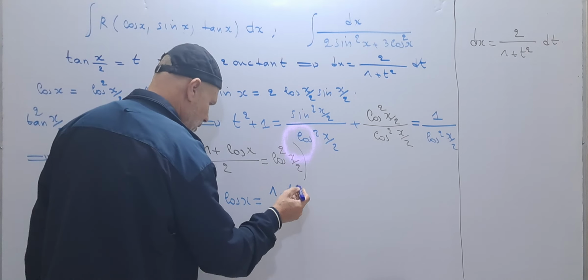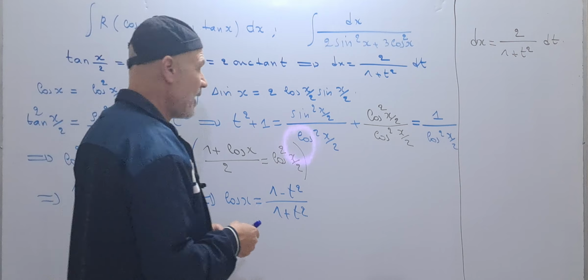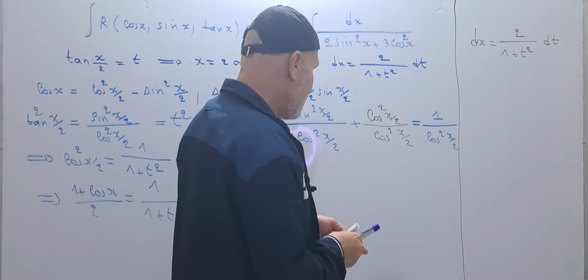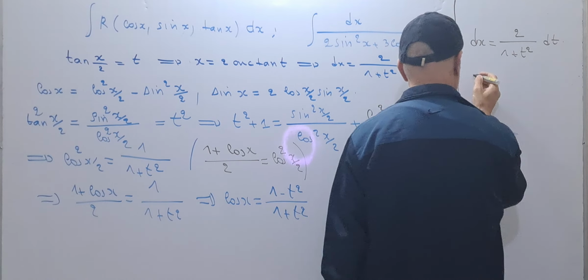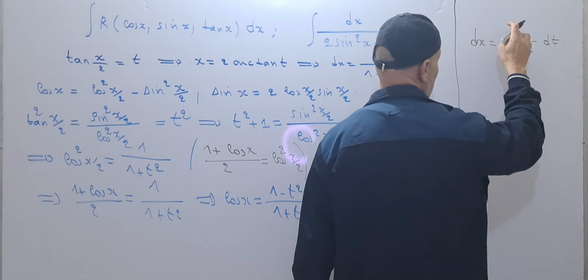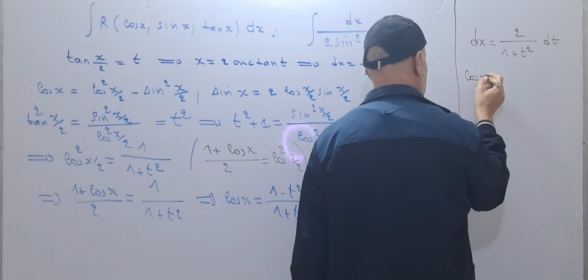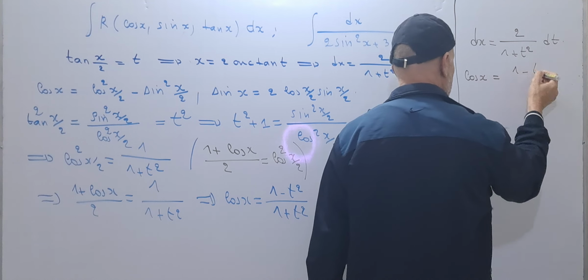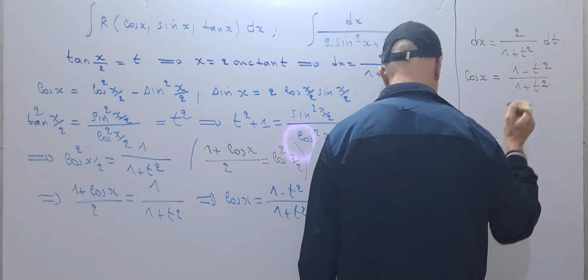If we are dealing with this kind of problem, we can take this change of variable, and we have dx equal to 2 over 1 plus t squared dt, and cosine x equal to 1 minus t square over 1 plus t square.